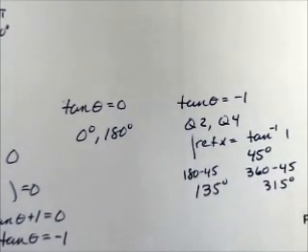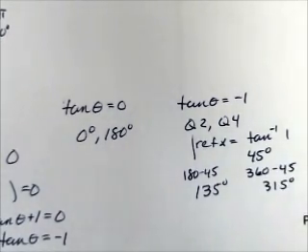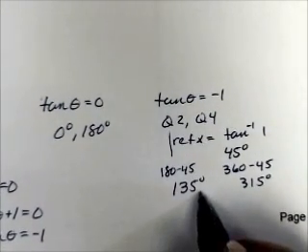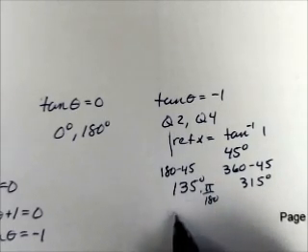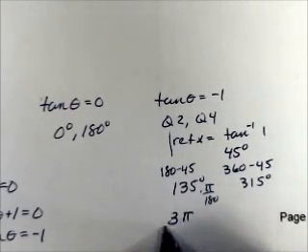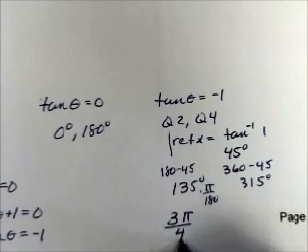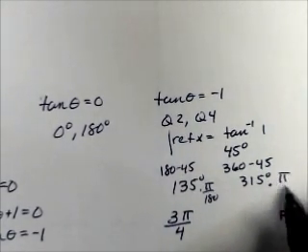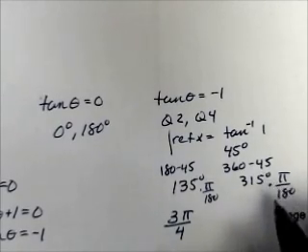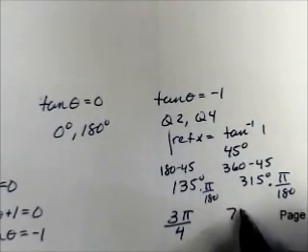And now, yes, we have to convert these to radian measure. All right, so multiply by pi over 180. 45 goes into 135 3 times, and into 180 4 times. So that's 3 pi over 4. And for 315, multiplying by pi over 180, that's 7 pi over 4.